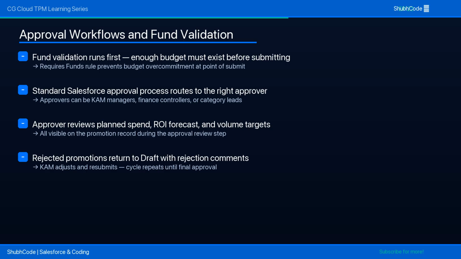Once budget is confirmed, the promotion goes to the approver, often the KAM's manager or a finance controller. They review planned spend, ROI, and volume targets. If they approve, status moves to approved. If they reject, it goes back to draft with comments. This flow uses Salesforce standard approval processes combined with CG Cloud workflow rules.